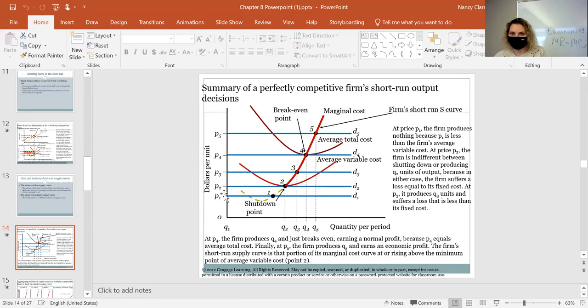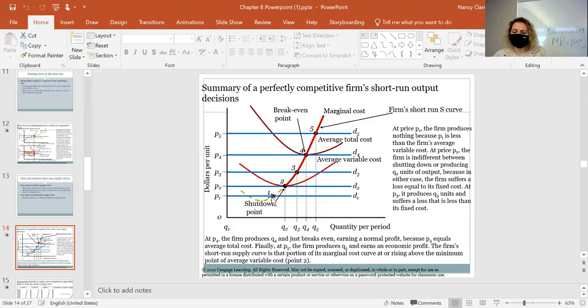Imagine this is not dashed yet, okay? You'll see why it is when we go through this. But is that here at point 1? You can see at price 1, when we find our profit maximizing, loss minimizing point of production here at point 1, it doesn't even cover our variable cost. It lies below variable.